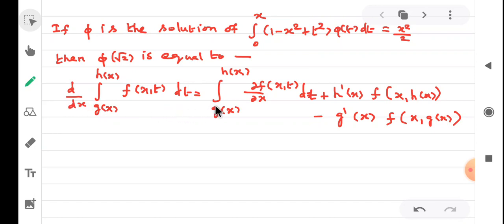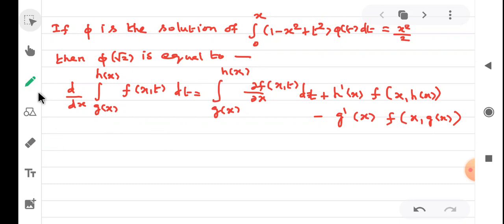So it will become integral g of x to h of x, partial derivative of this f with respect to x, plus derivative of upper limit into f of x comma upper limit, minus derivative of lower limit into f of x comma lower limit. Okay, so once we know this rule, then we can easily solve this problem.